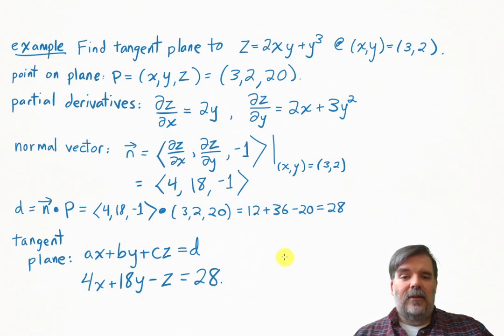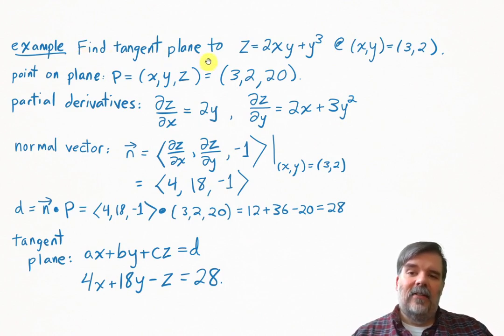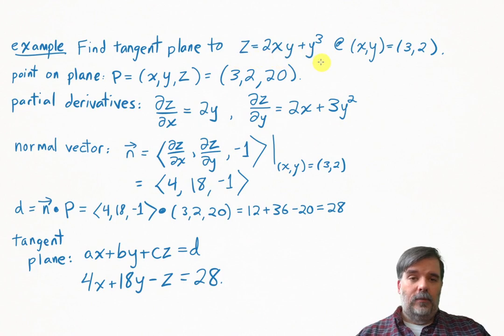Now, as an example of how much faster the calculation goes in this case, let's use this formula for the normal vector in the process of calculating the tangent plane to the multivariable function z equals 2xy plus y cubed.